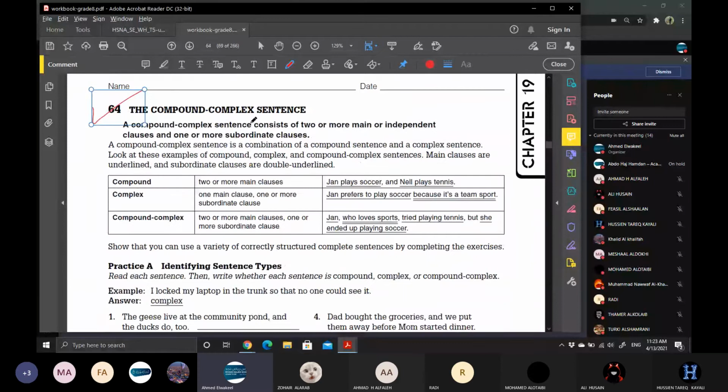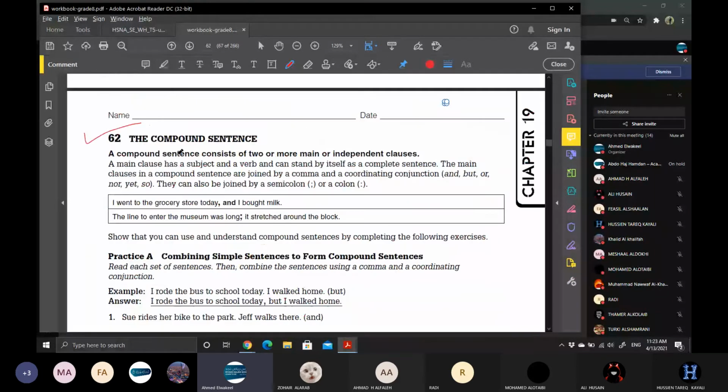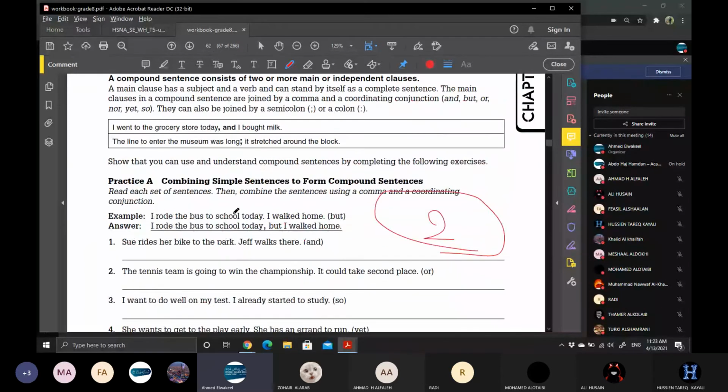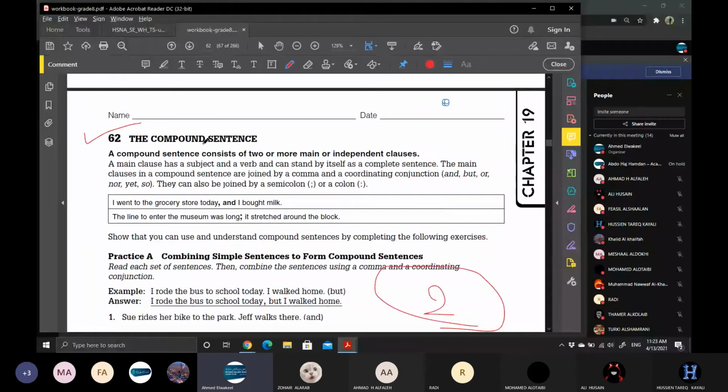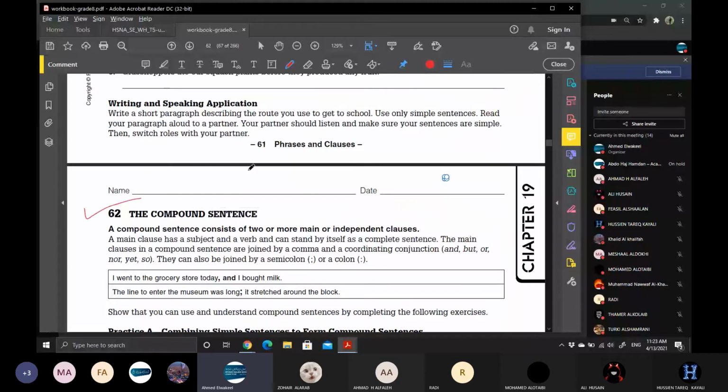If the sentence is simple, it means only one independent clause. If the sentence is compound, you have 2 independent clauses, 2 full pieces of information, along with the coordinating conjunctions. Remember the coordinating conjunctions? They are abbreviated into FANBOYS.